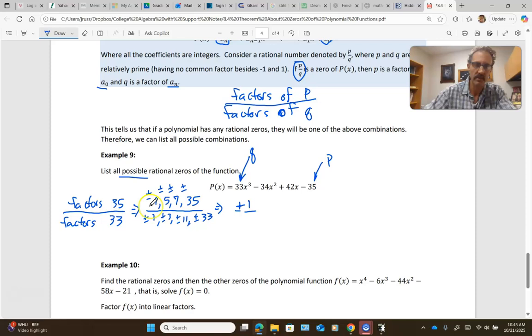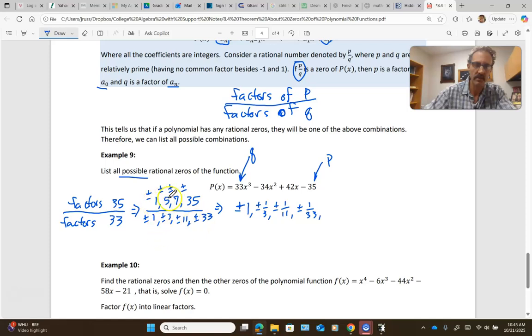1 over, and then you just start putting it over all the factors that you have listed down here in the denominator. So 1 over 1, well, that would just be 1. Okay, that's the first one. And then 1 over 3, that would be a third, but again, each one can be either positive or negative. 1 over 11, and 1 over 33, again both positive and negative.